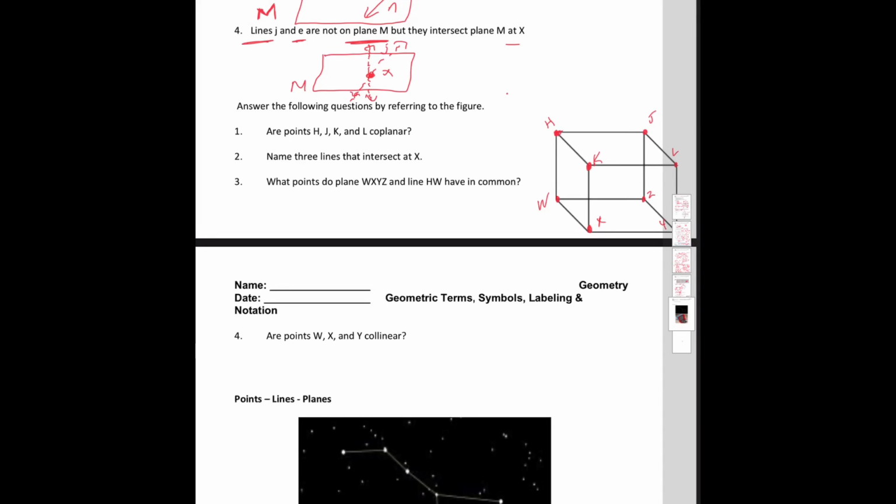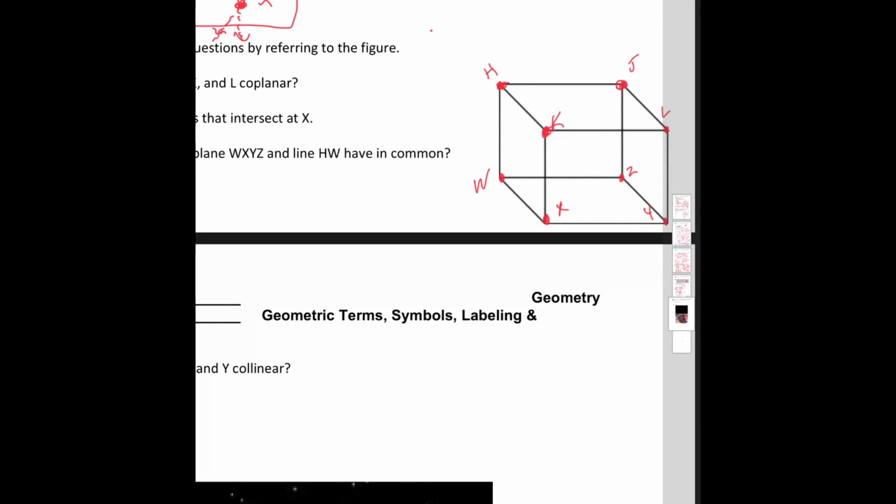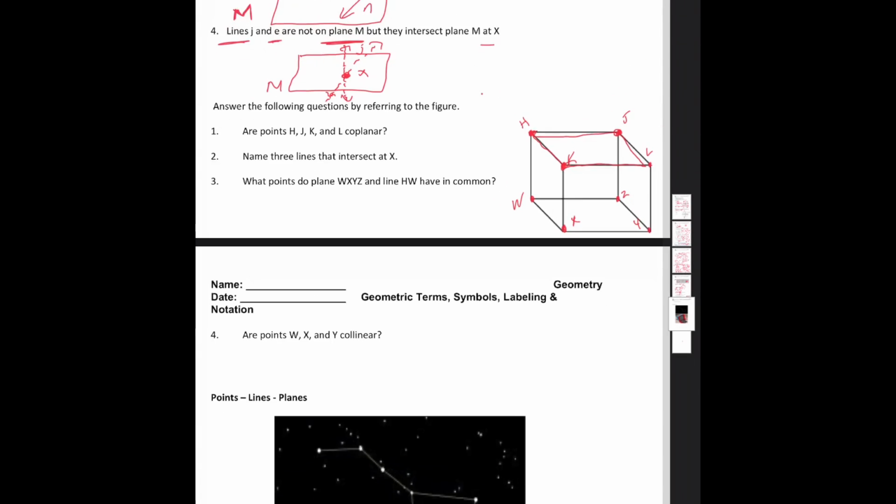H, J, K, and L. So let me zoom in on that a little bit. So yes, these are on this top plane here, right? They're all on it. They're on the edge, but that's still considered on the plane. So the answer is yes, these are coplanar.